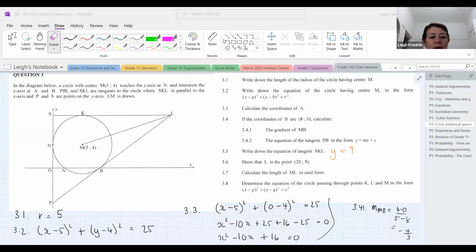Yes, what have we got, Cornelia? Okay, quite right. So we've got y = 3/4 x minus 6. Absolutely. So we've got the tangent PBL.